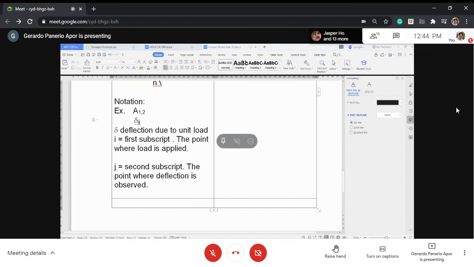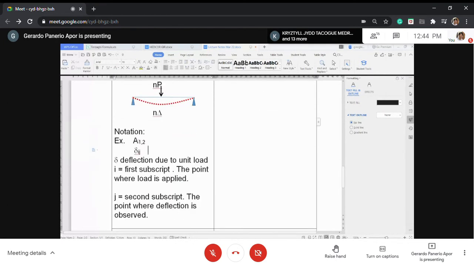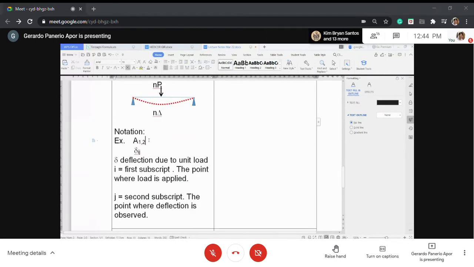So we use two subscripts, the first subscript and the second subscript, just like when we use subscripts when representing an element in a matrix. So you know where that particular element of a matrix is located, at what row and what column. Their address is based on the subscript, no? Where I'm going to put this.